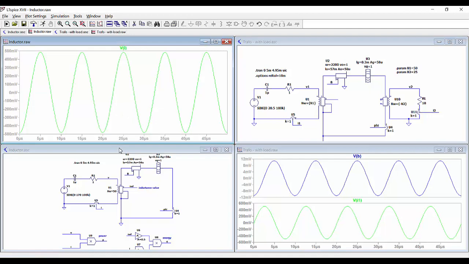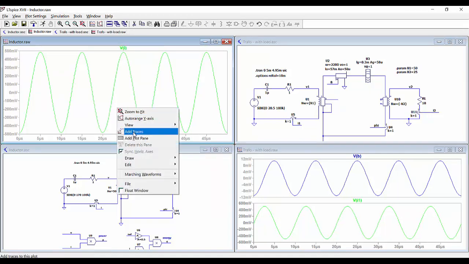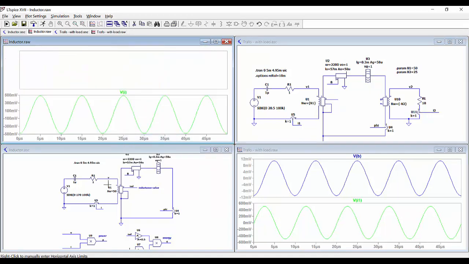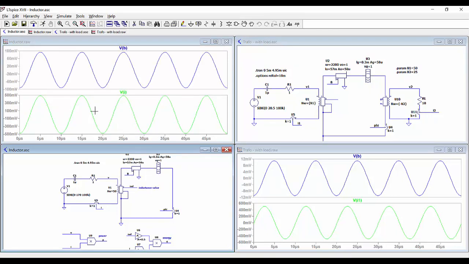If we go to the inductor and add another pane and measure the flux density, we can see that here it's much higher, nearly 100 millitesla. So this is the effect of the current circulating through the secondary, generating a flux inside the magnetic core that opposes the flux created by the primary winding.